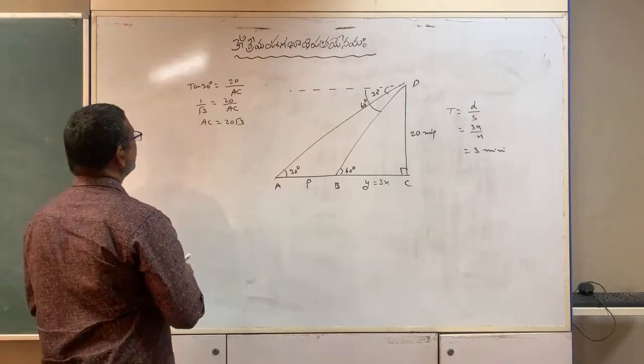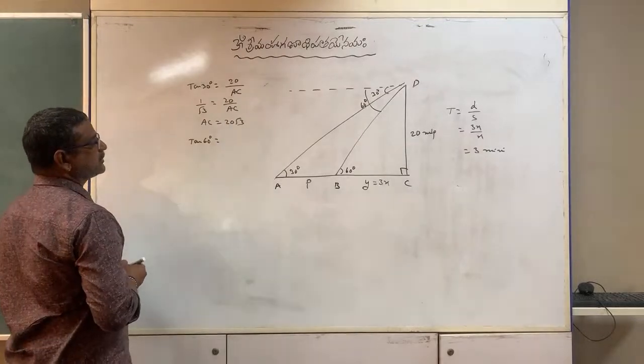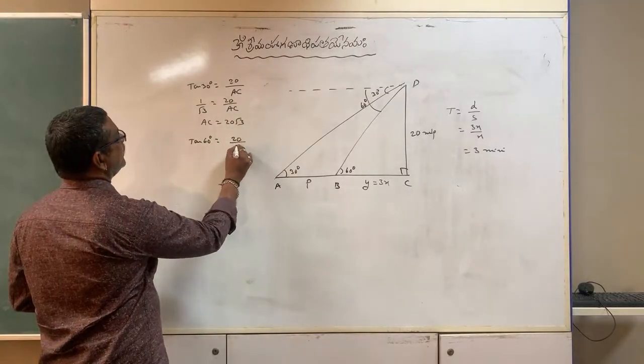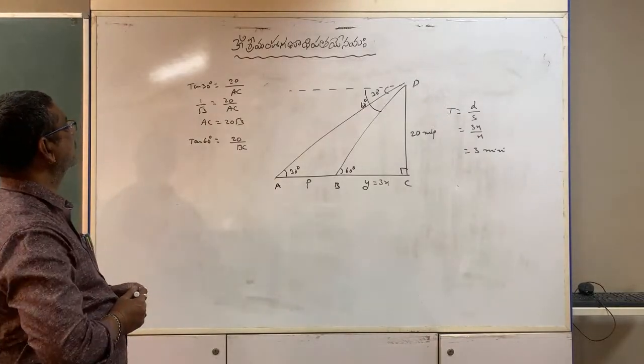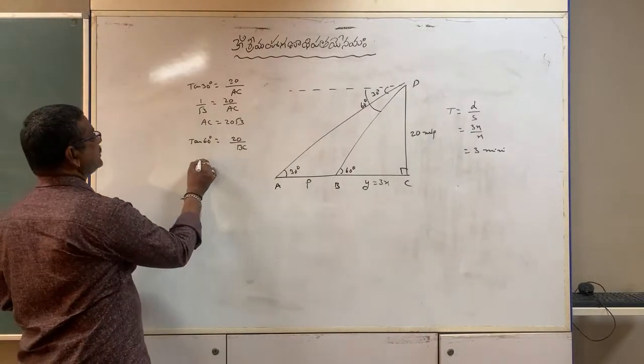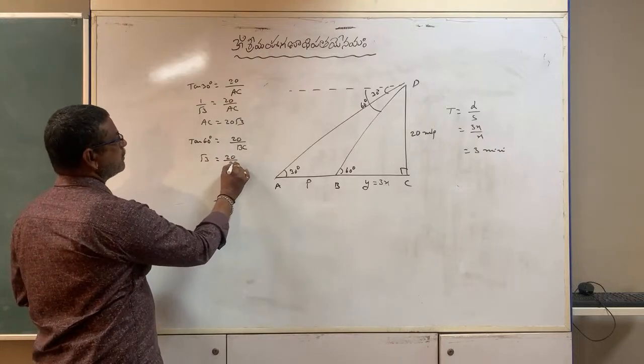Now, tan 60 is equal to 20 by DC. Tan 60 is root 3, so root 3 is equal to 20 by DC.